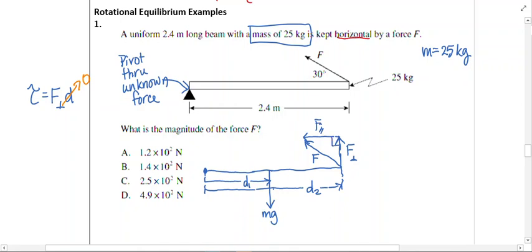Now that 30 degrees is right here, so I'm going to use the Z rule and bring it up to here.